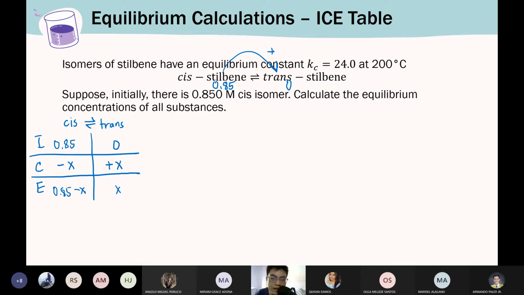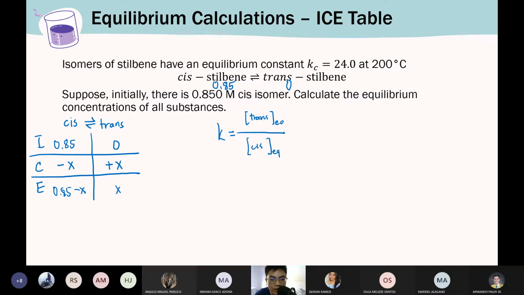You write again the K. What's the K? It's the product over reactant, right? In our case, that's trans over cis: the concentration of trans at equilibrium and the concentration of cis at equilibrium.